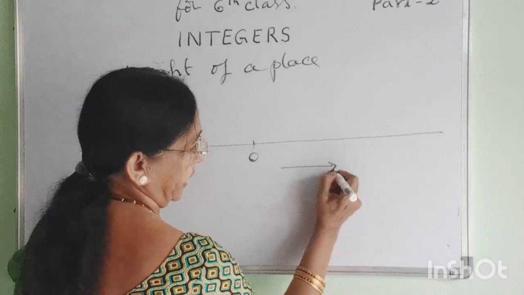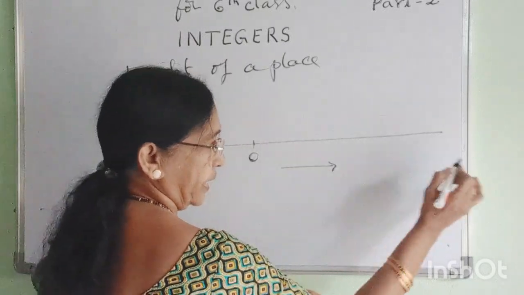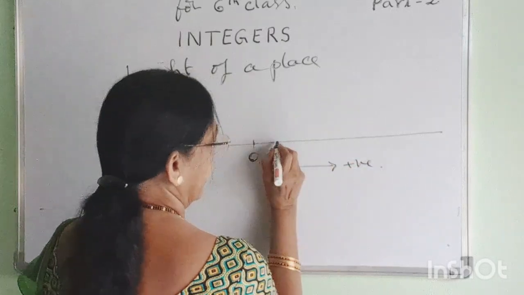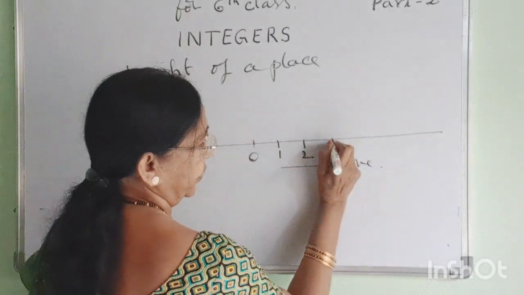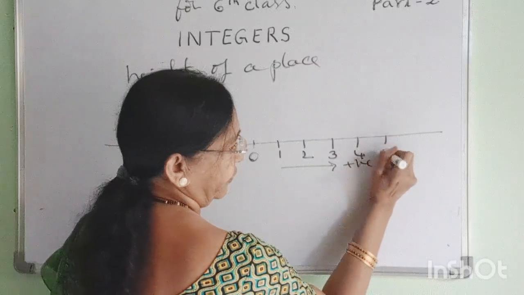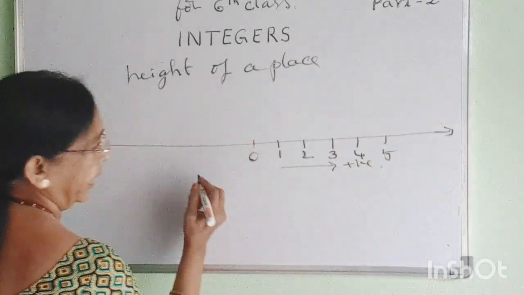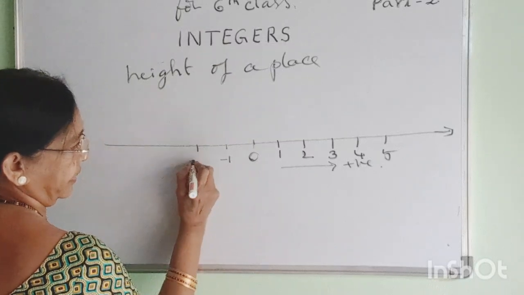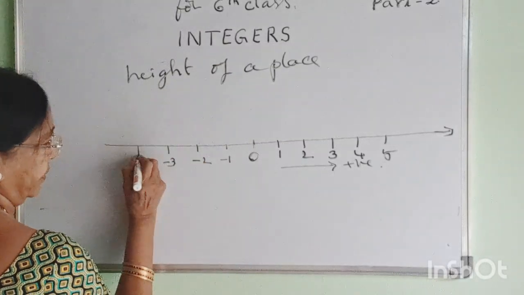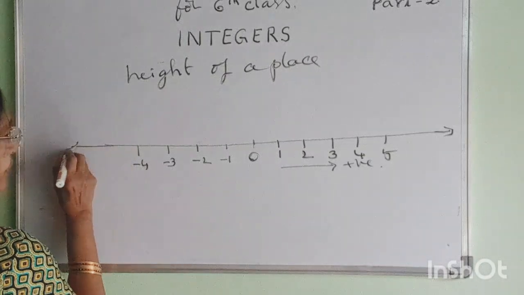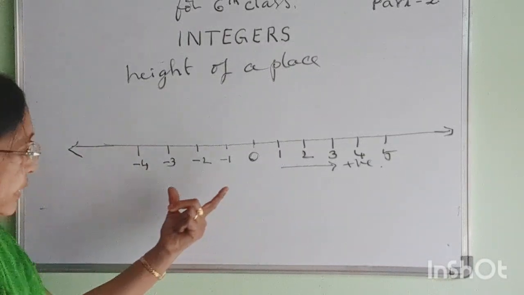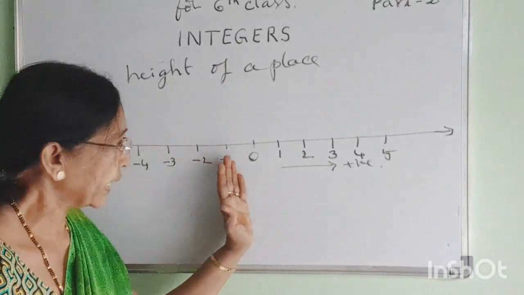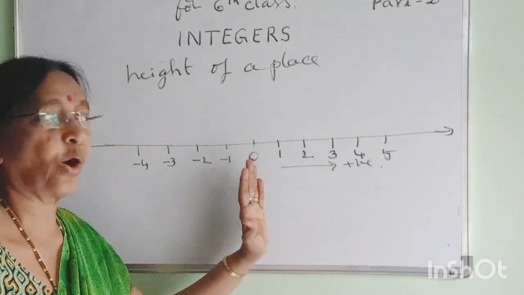Then we take the positive integers in this direction from left to right: 1, 2, 3, 4, 5, etc. On the left hand side, we write minus 1, minus 2, minus 3, minus 4, etc. up to minus infinity.